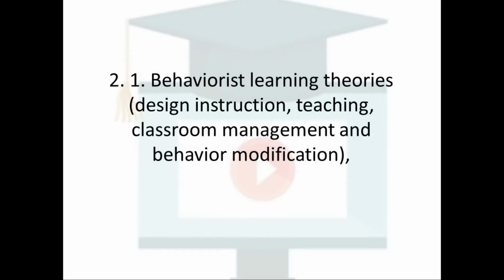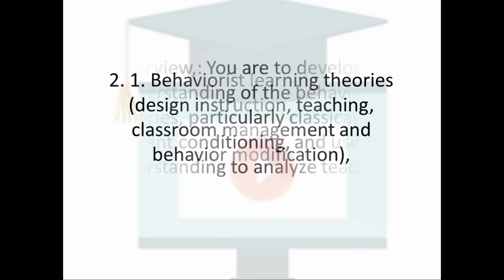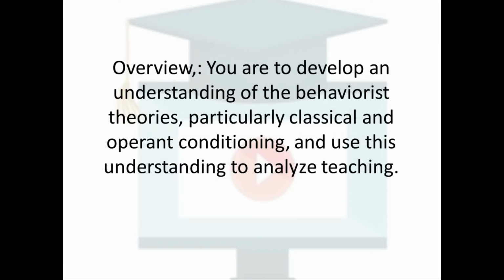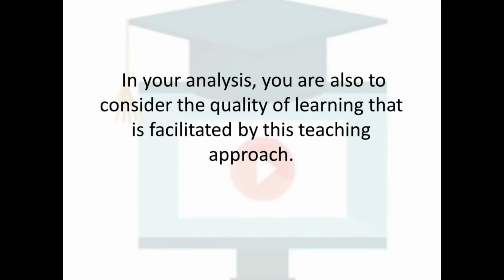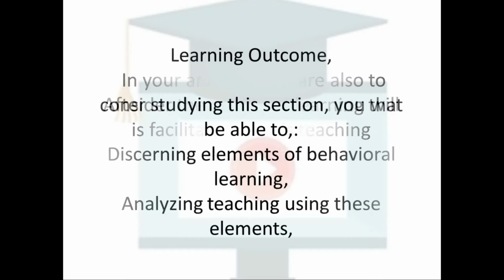Section 2.1, Behaviorist Learning Theories: Design Instruction, Teaching, Classroom Management and Behavior Modification. Overview. You are to develop an understanding of the behaviorist theories, particularly classical and operant conditioning, and use this understanding to analyze teaching. In your analysis, you are also to consider the quality of learning that is facilitated by this teaching approach.